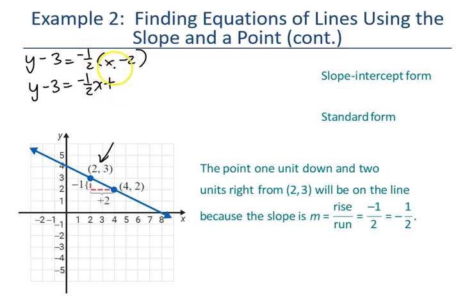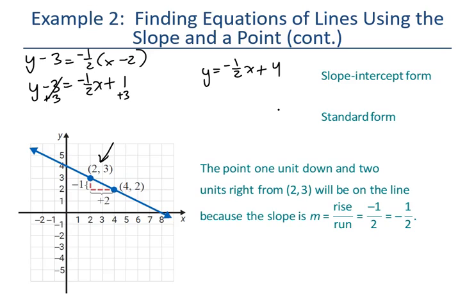These 2's are going to cancel, and that's going to leave me with a positive 1. Let's go ahead and add 3 to both sides here. And when we get this into slope-intercept form, notice these are going to reduce out. You're going to end up having, in slope-intercept form, y equals negative 1/2 x plus 4.